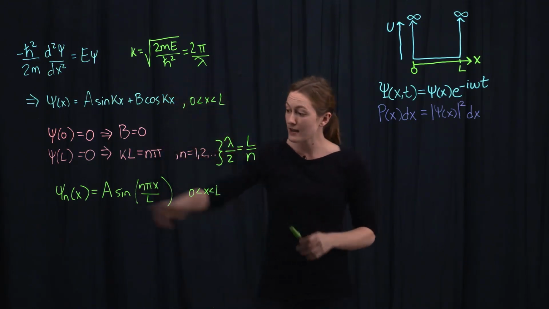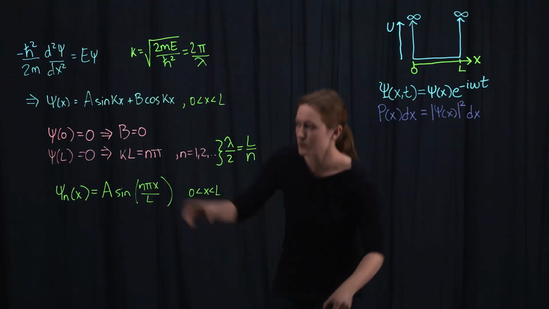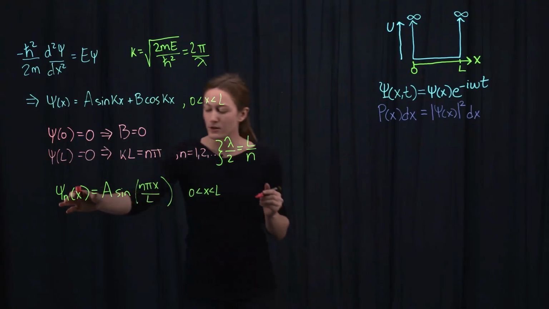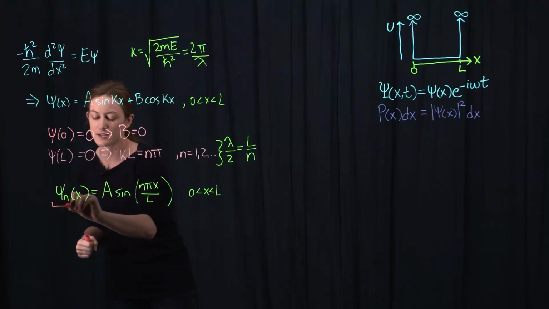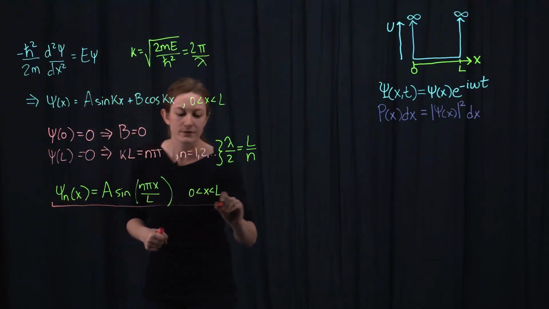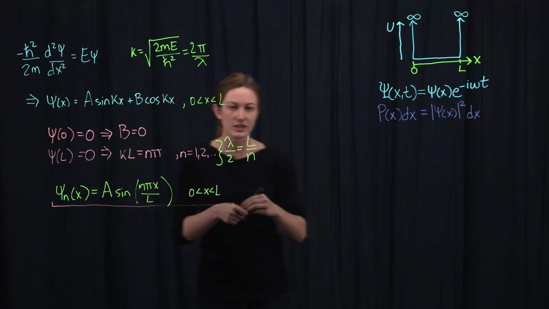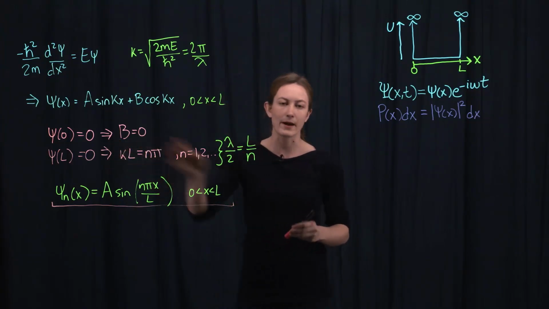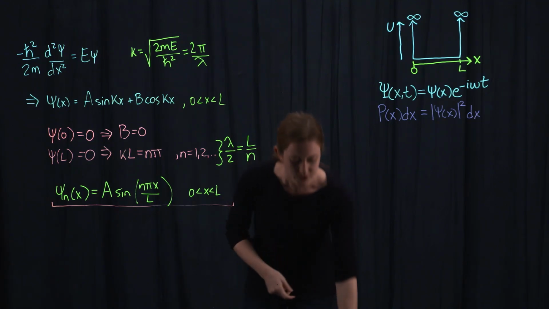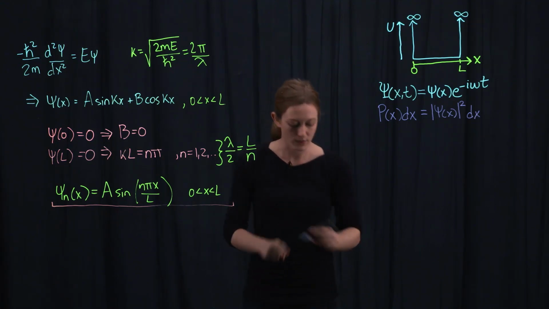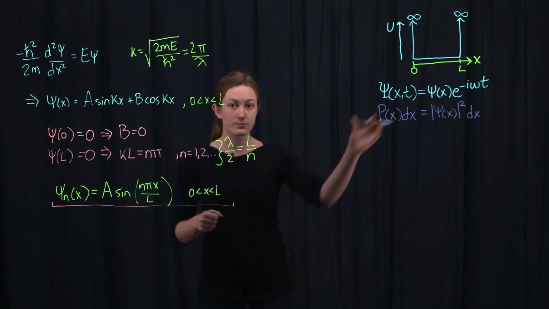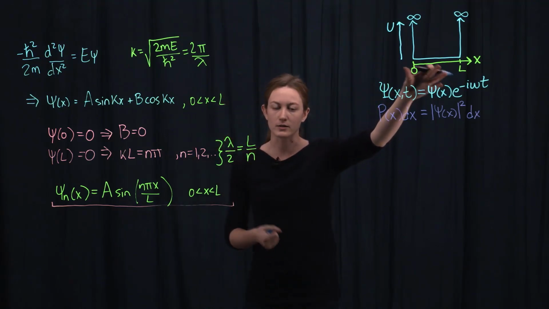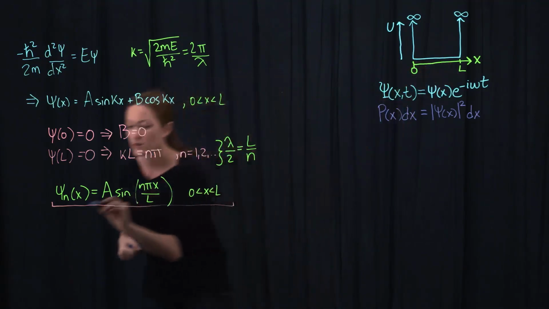Where the subscript n is important, what we found is that there's a specific wave function, psi n of x, for quantum number n, for the state with energy En, or as we wrote here, wave number k equals n pi over L. So next we need to normalize the wave function so that the total probability of finding the particle somewhere in the box is 1.